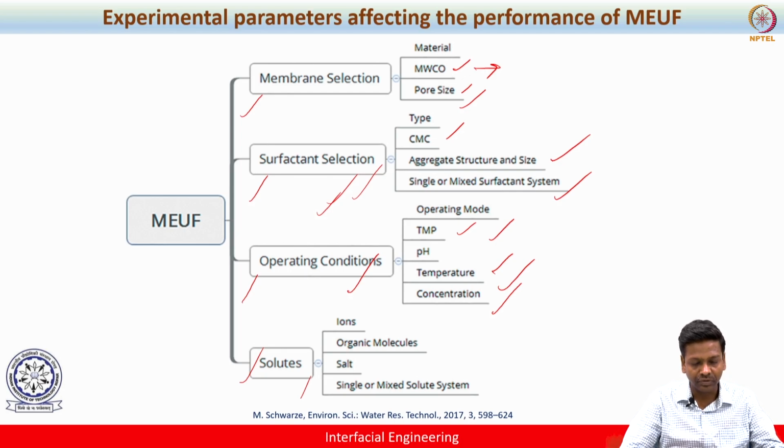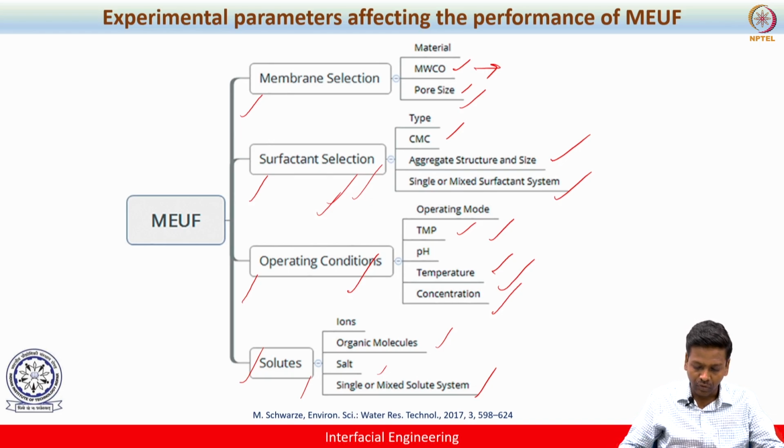Then come the solutes. Here, whether you are going to remove ions or organic molecules, or sometimes heavy metals in the form of salt, or whether it is a single or mixed solute system, whether you are going to target only one particular type of pollutant or multiple pollutants. These are various questions that one should ask prior to any application.